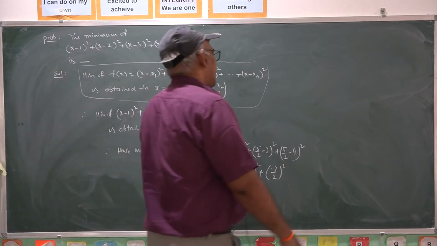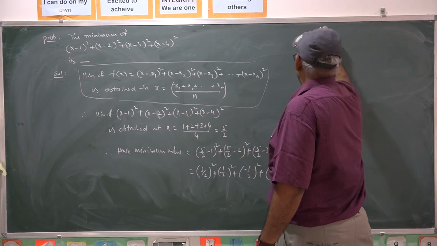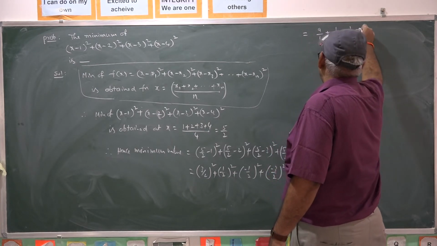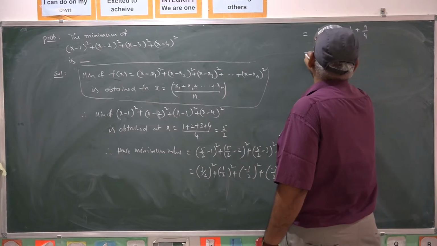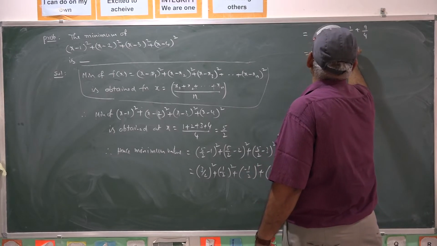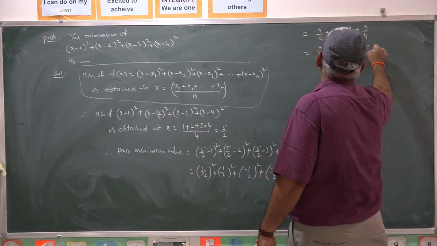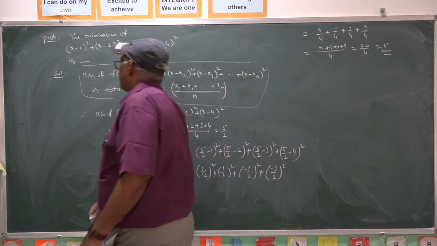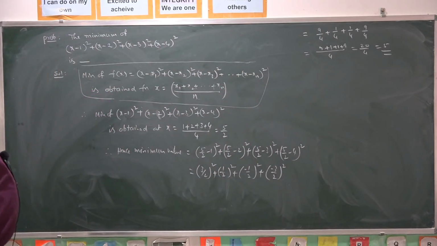On simplification, we get 9 by 4 plus 1 by 4, again 1 by 4 plus 9 by 4. 4 is our LCM, 9 plus 1 plus 1 plus 9, 20 by 4, 5. So this is the required minimum value of the given function.